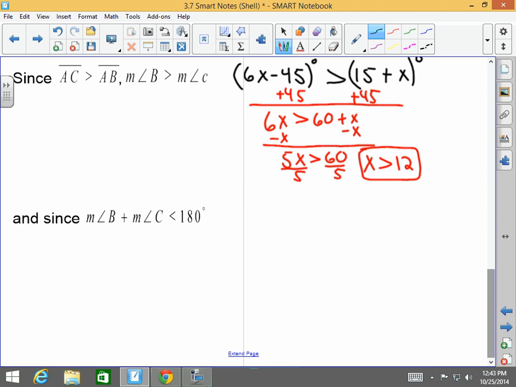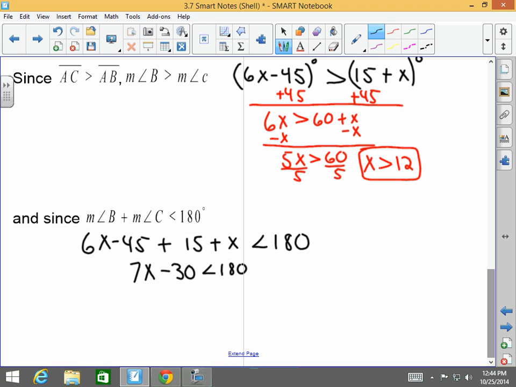Since the measure of angle B is 6x minus 45 plus the measure of angle C, which is 15 plus x, that is less than 180. Let's go ahead and solve for x. Combine like terms. 6x plus x is 7x. Negative 45 plus 15 is negative 30. That is less than 180 degrees.